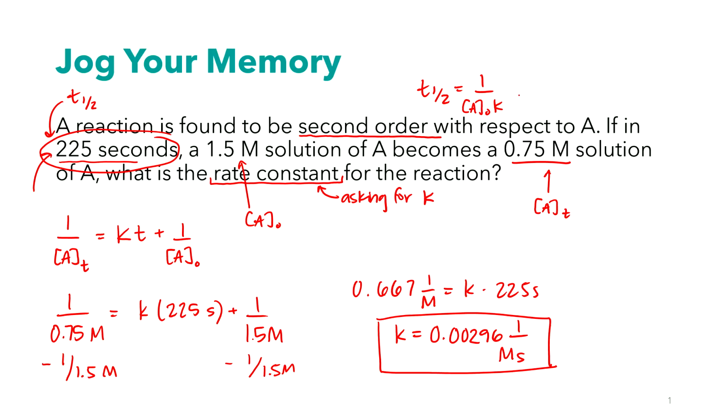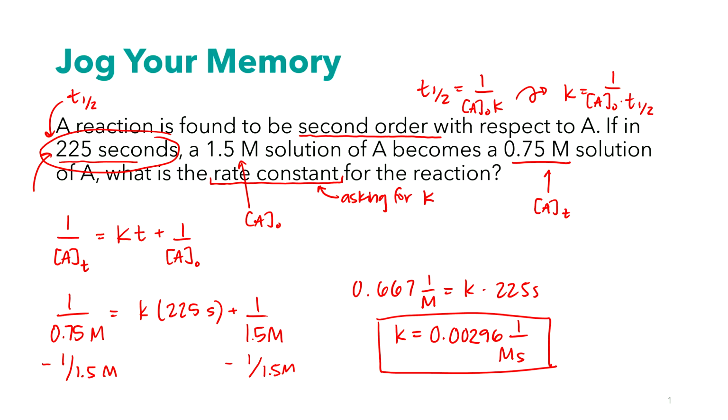I'd rearrange this and say K just equals 1 over [A]0 times t 1/2, and you'd get that same K value. So either way would have worked. I just wanted to remind you that half-life was a thing, so I picked the time point when half of it had disappeared. Questions on that?